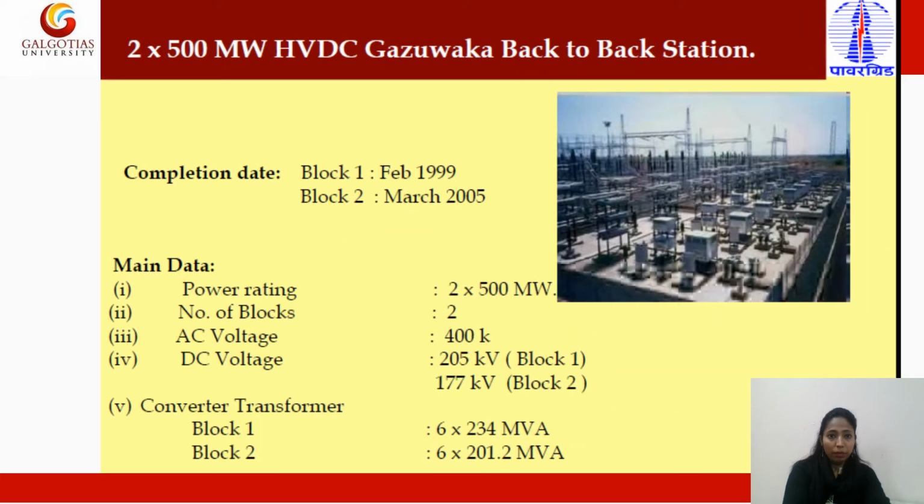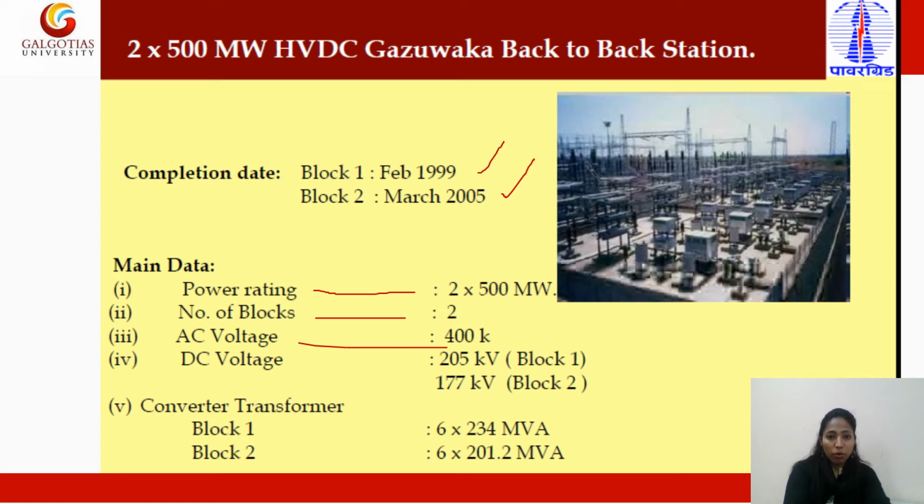Now the 2 into 500 megawatt HVDC back-to-back station at Gajuwaka. The completion date was February 1999. There are two blocks, and block 2 was completed in March 2005. The main data of that project: the power rating is 2 into 500 megawatt, and the number of blocks is 2.